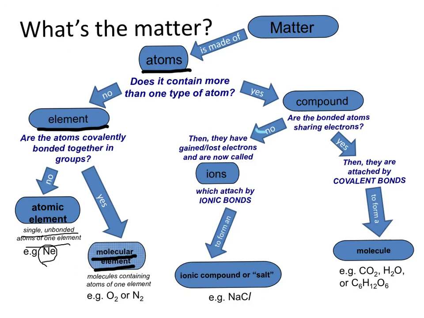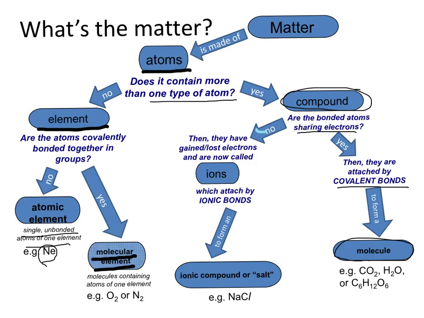What if the matter does contain more than one type of atom? Well, then it's called a compound, and depending on how the atoms are bonded together, they get different names. So, if the atoms are sharing electrons, then they are attached by covalent bonds, and they form a molecule. Examples of molecules include CO2, carbon dioxide, H2O, water, or C6H12O6, glucose.